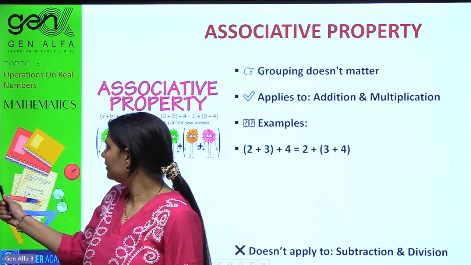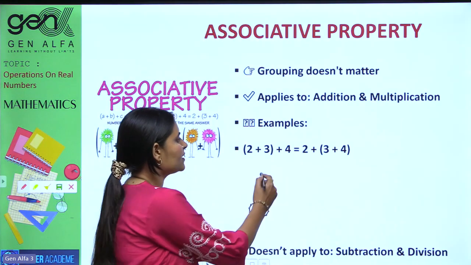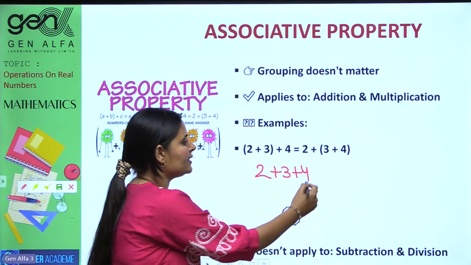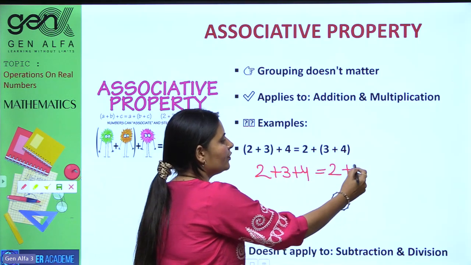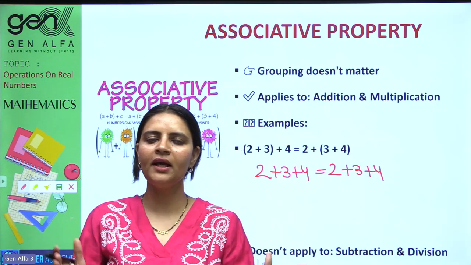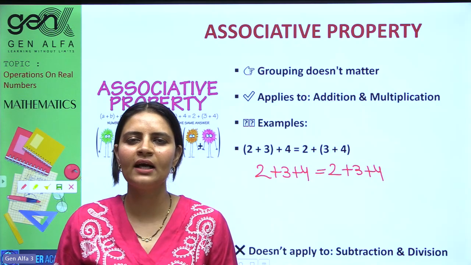Basically, just write along with me 2 plus 3 plus 4. Just write 2 plus 3 plus 4 to the left hand side and 2 plus 3 plus 4 to the right hand side. The same thing? Is it equal? Yes, same thing I have written in both sides.